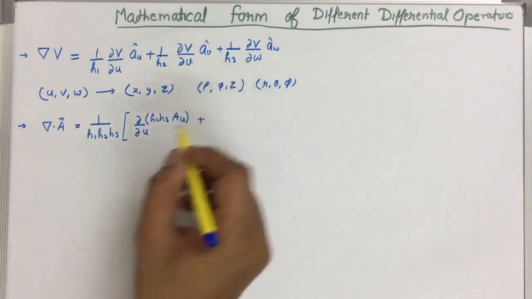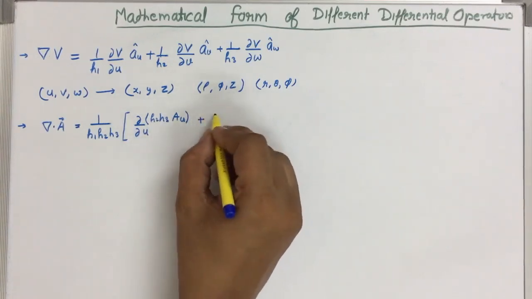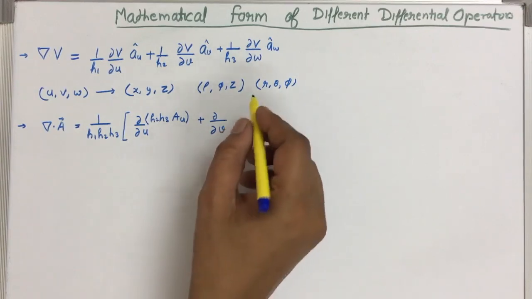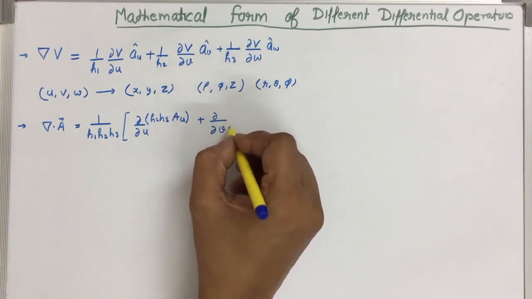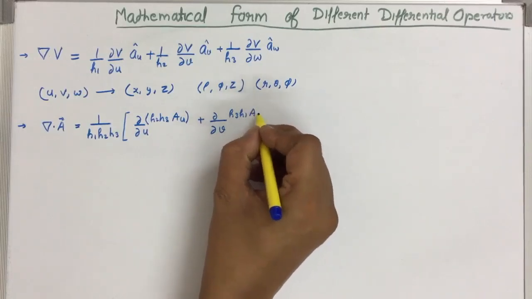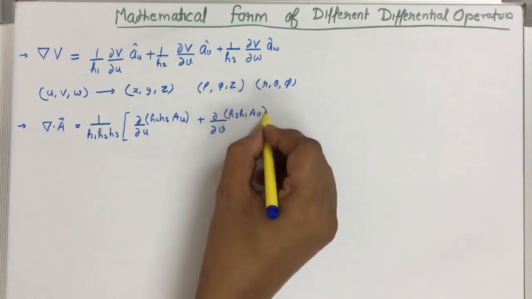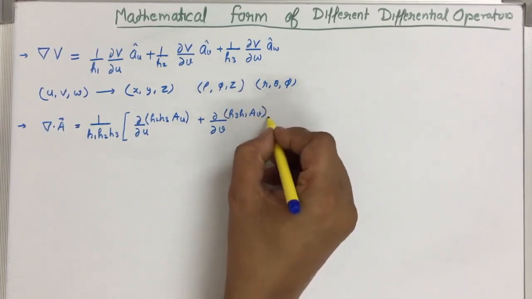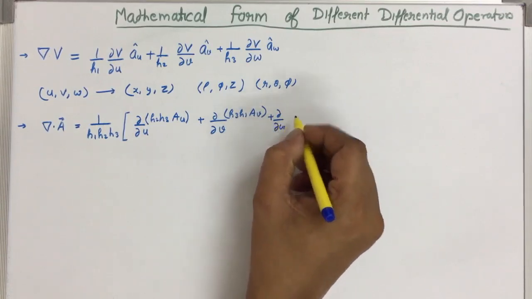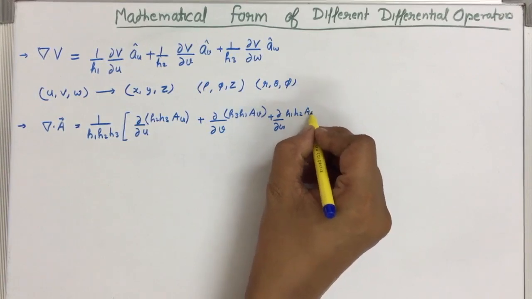plus, it will give you a scalar quantity, so there is no unit vector, d over dv. This is second, so h3 and h1 multiplied with A component in the direction of v, and further d over dw, h1 h2 a_w.